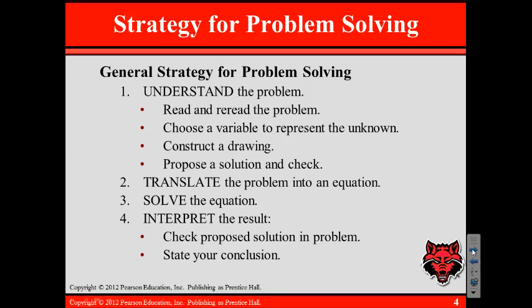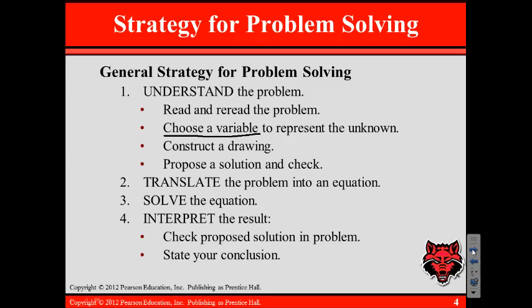In general, this is the strategy for problem solving. First, you want to understand the problem. And that can only happen if you carefully read the problem, reread the problem. And once you understand what's going on, you will choose a variable to represent the unknown. A lot of times that will just be x, but you can choose whatever variable you want unless the instructions state that you must choose a specific variable.